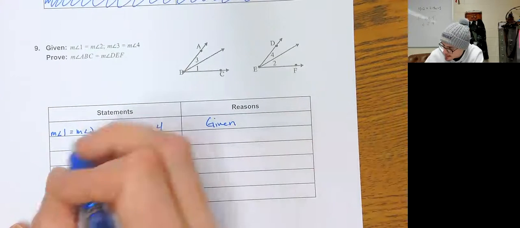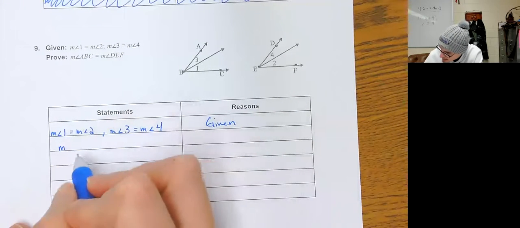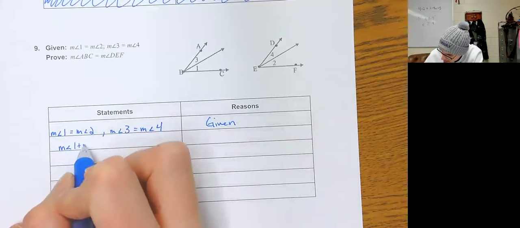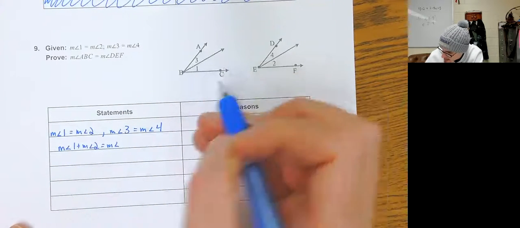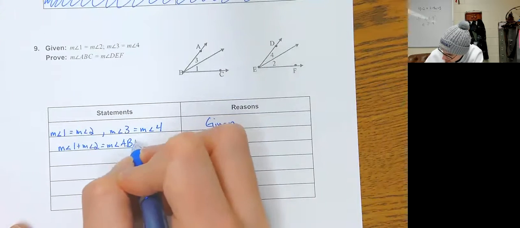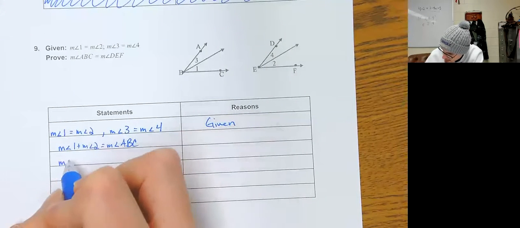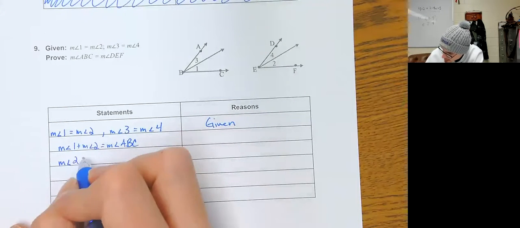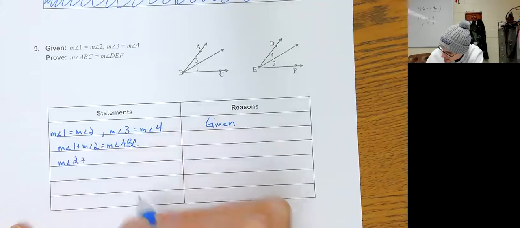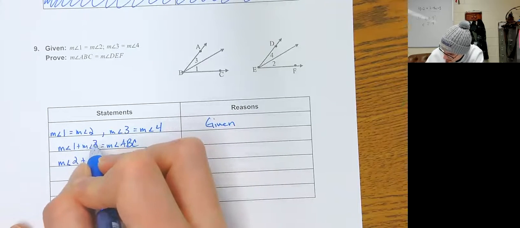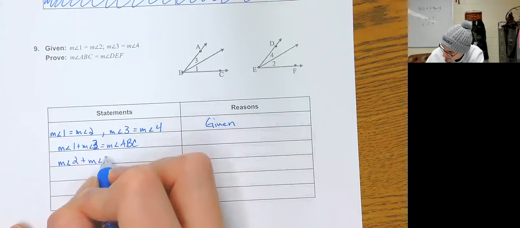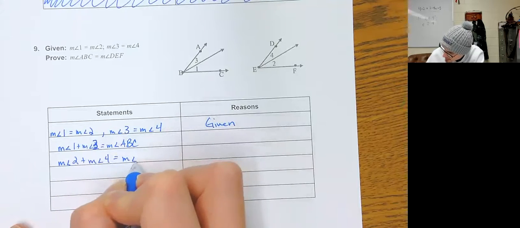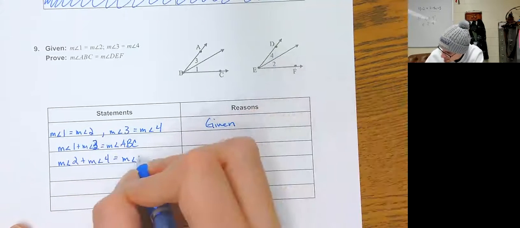So I'm going to say that the measure of angle 1 plus the measure of angle 2 equals the measure of angle ABC. I'm going to also say that the measure of angle 2 plus, wait, this is a 3. That's supposed to be a 3. Let's make that a 3. And the measure of angle 4 equals the measure of angle DEF.